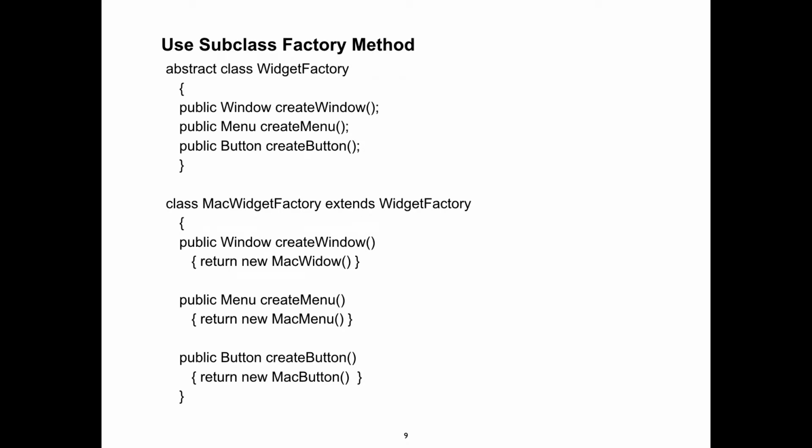And the text talks about how you create things. There are different ways. One is that your factory just consists of a bunch of factory methods, right? You say create window, and so you return a new window.